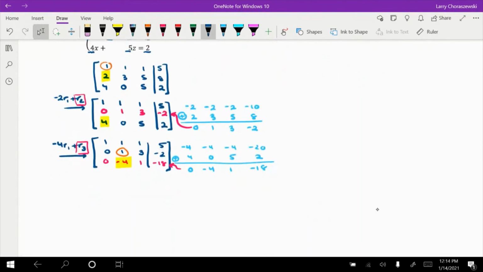Does anybody want to type in the chat a row operation that can help us cancel out that negative 4? Check your sign on the negative 4 R2. Since we're adding the row entries together, I think we're going to want that to be a positive 4. There you go. Yep. So 4 R2 plus R3.